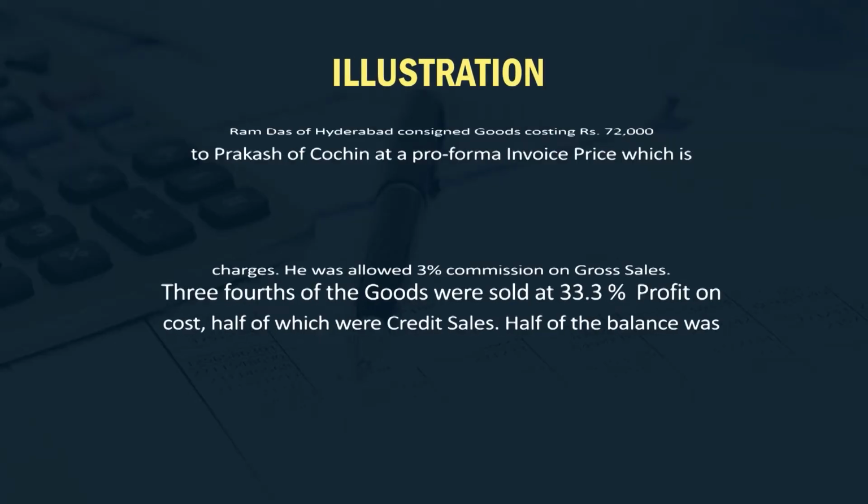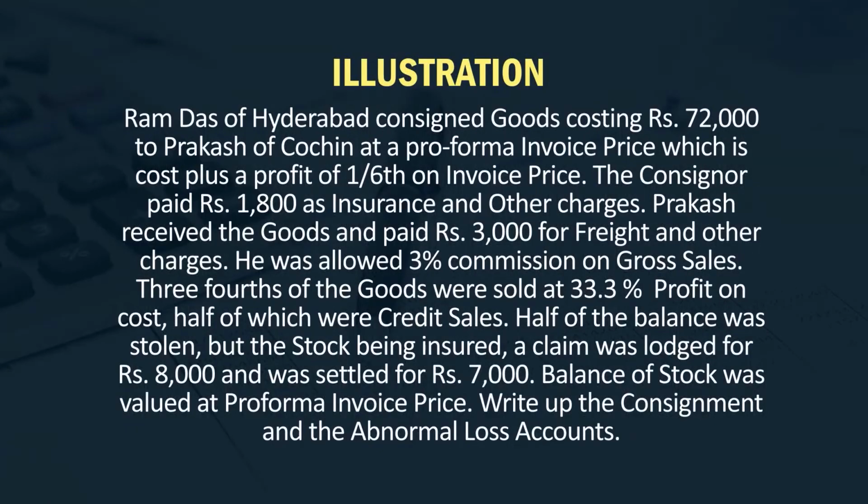Now the next question. Ramdas of Hyderabad consigned goods costing rupees 72,000 to Prakash of Cochin at a pro forma invoice price, which is cost plus a profit of 1/6 on invoice price. The consignor paid rupees 1,800 as insurance and other charges.